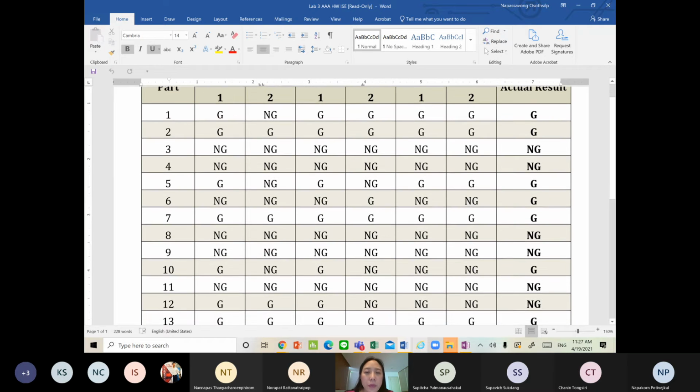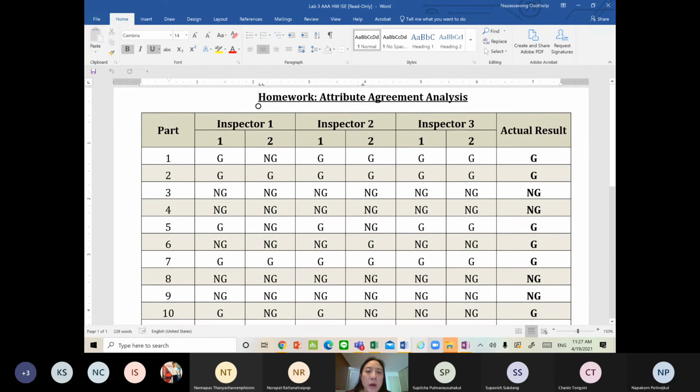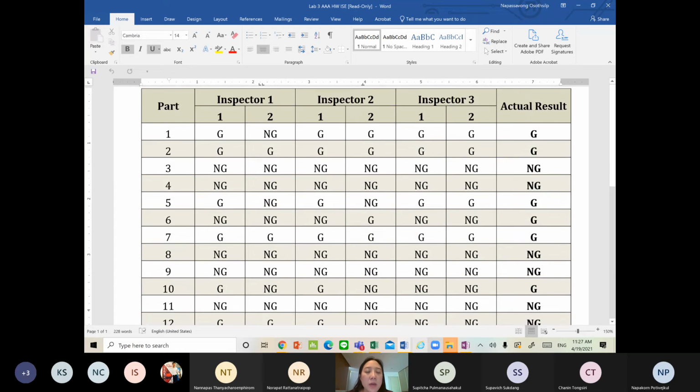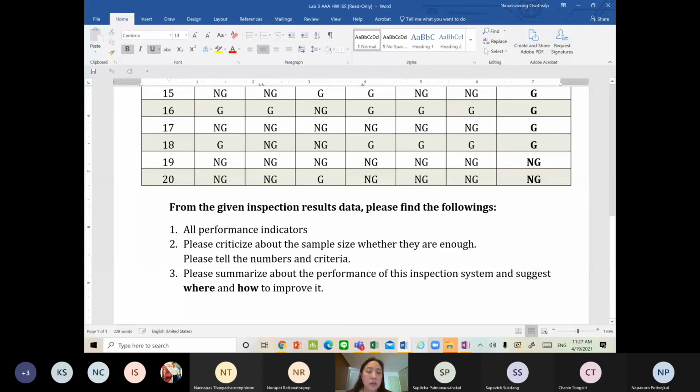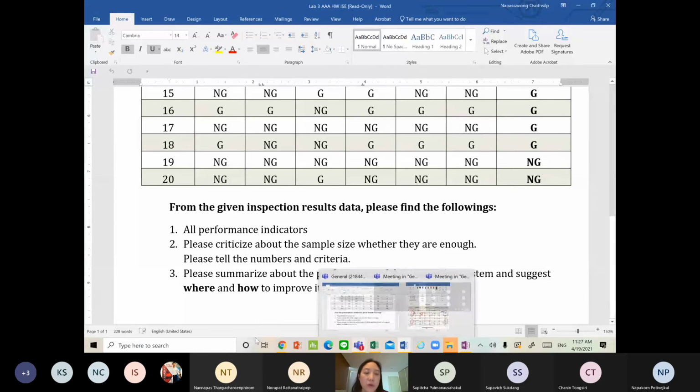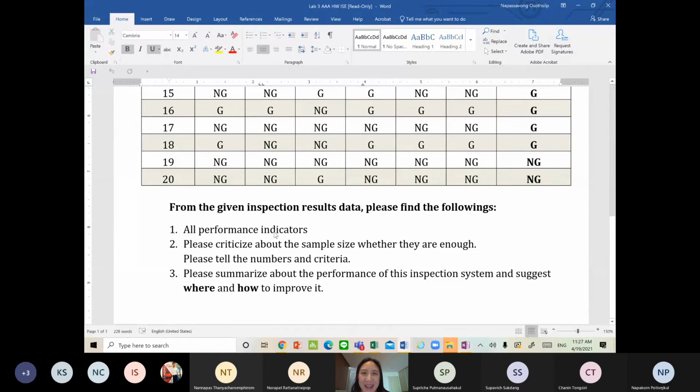So please download this homework file and answer these 3 questions. First, I would like you to calculate all indicators again with this data set, and then criticize the sample size. In this case, that means the number of parts and the number of replications, as we have done before.